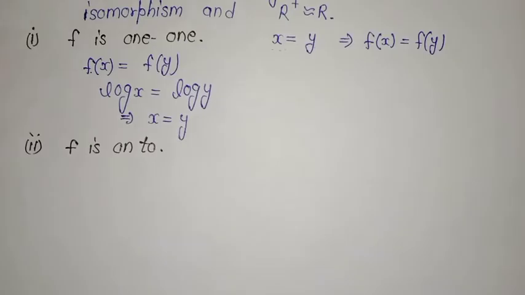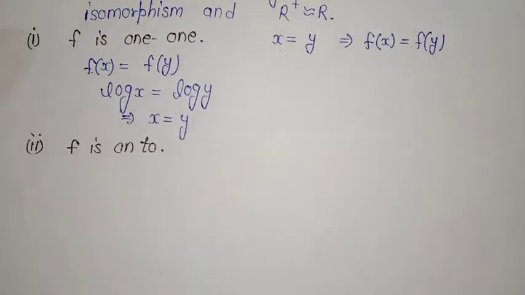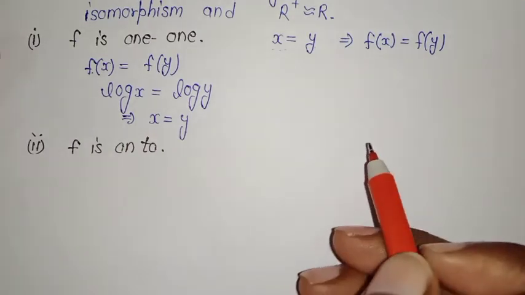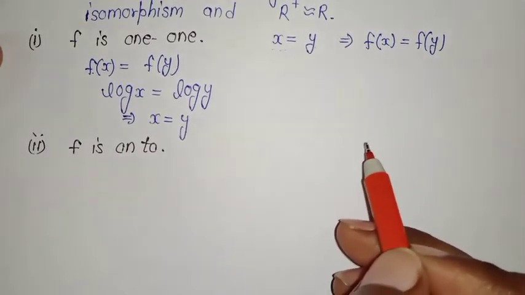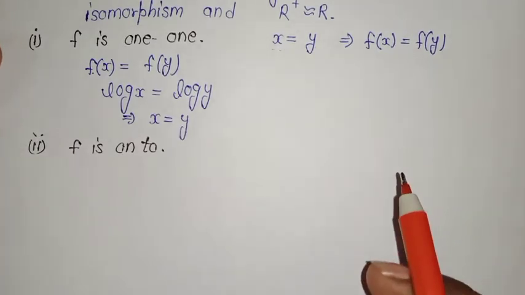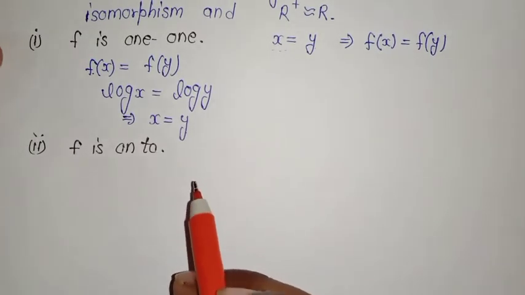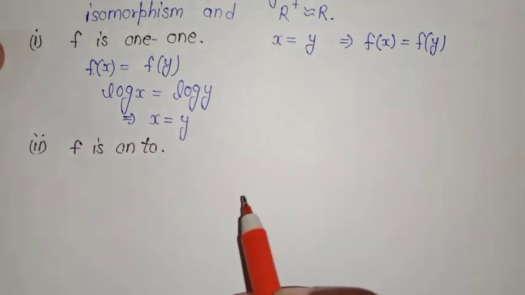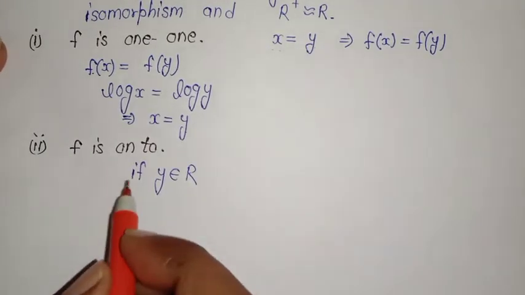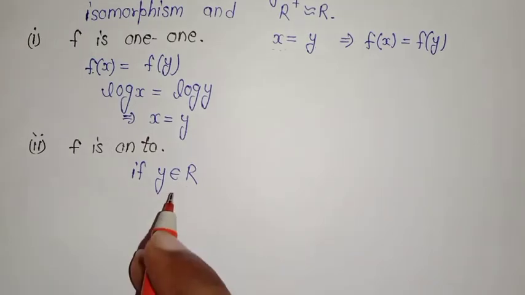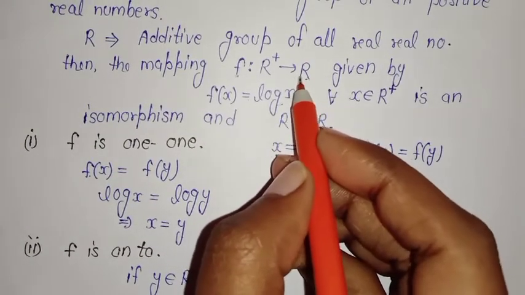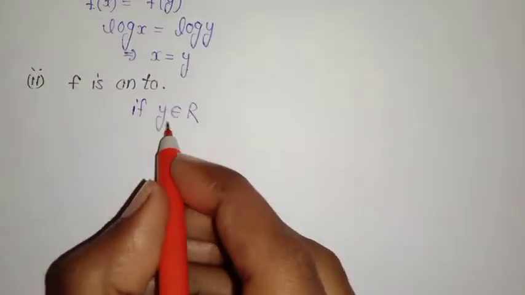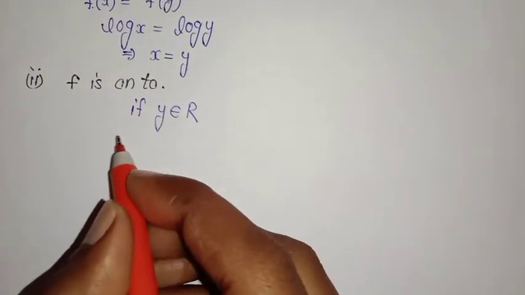In order to show that the given function is onto, we have to take one element from the codomain and show that it has a pre-image in the domain, and this must be true for every element of the codomain. So if we take any y from the codomain, the set of real numbers under addition, then there must exist a pre-image.